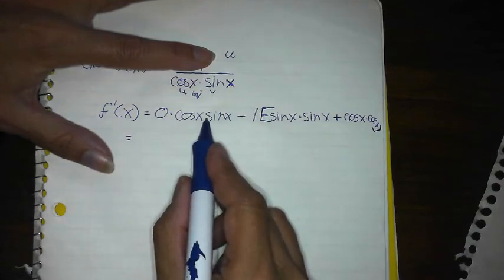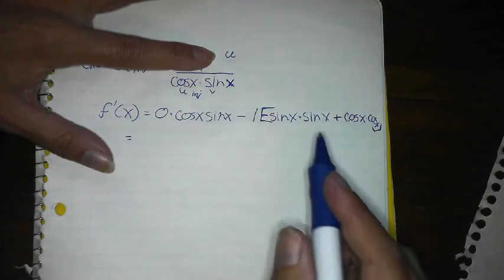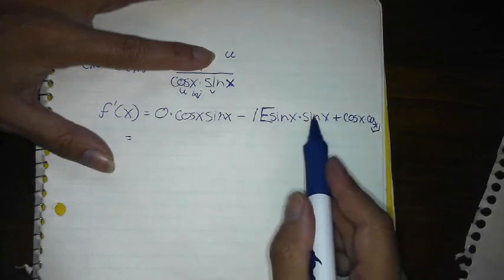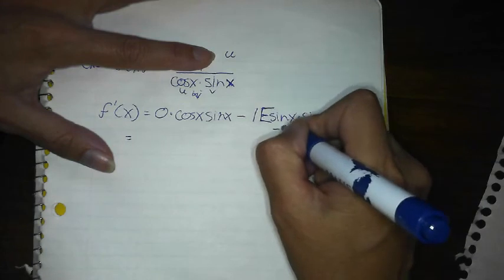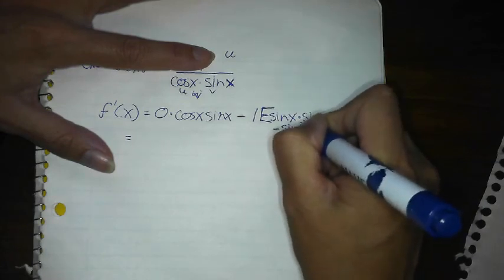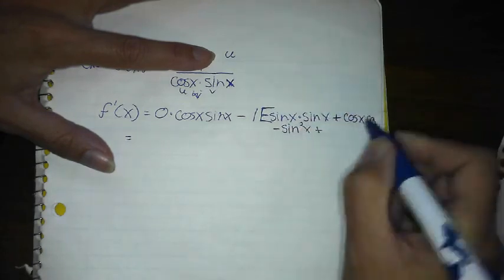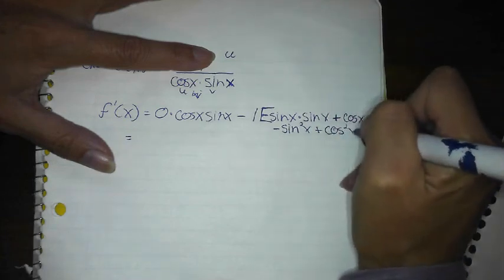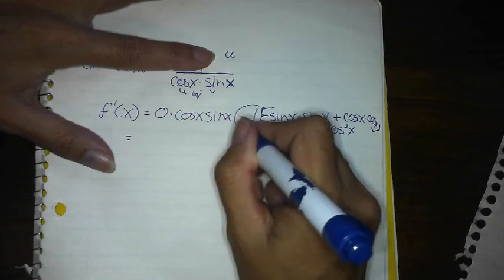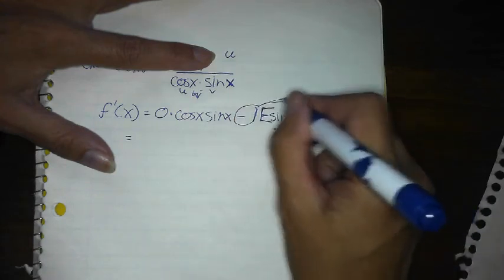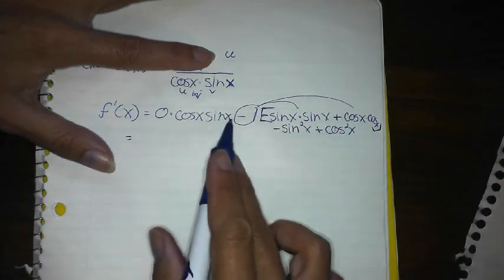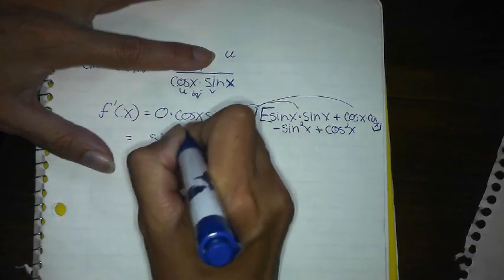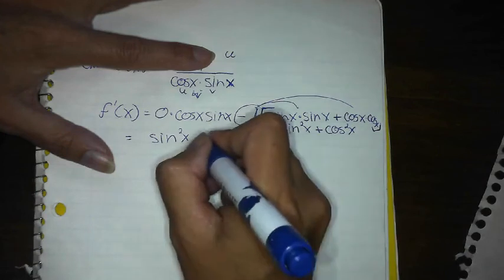Don't have to write that out. In here, we've got a negative sine times sine, so let's say negative sine squared. Plus, we've got cosine times cosine is a cosine squared. And what we have is a negative 1 that has to get distributed. So our final answer is going to be a positive sine squared minus cosine squared.